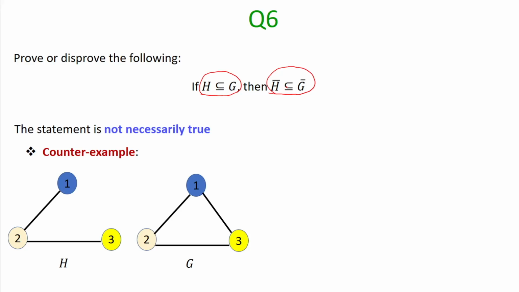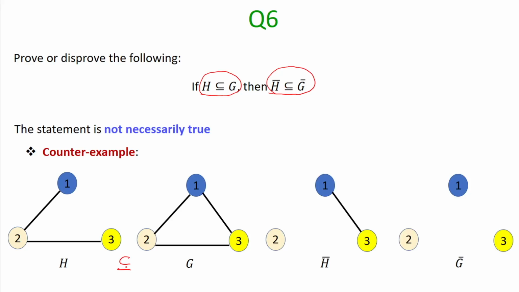Here you have a graph H and a graph G. The graph H is a subgraph of G, but if you take H complement, the only edge will be between the nodes 1 and 3, because the edge between 1 and 3 was not there in H. Whereas in G complement, there won't be any edge. So clearly, the graph H complement is not a subgraph of the graph G complement, right? So this statement is not necessarily true.